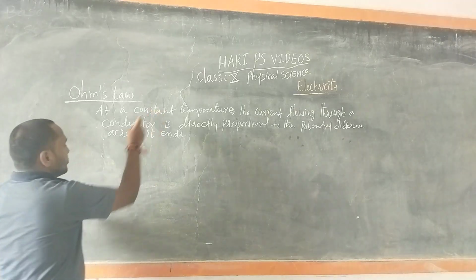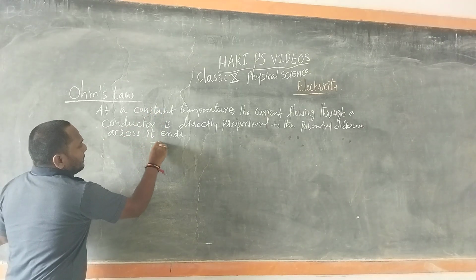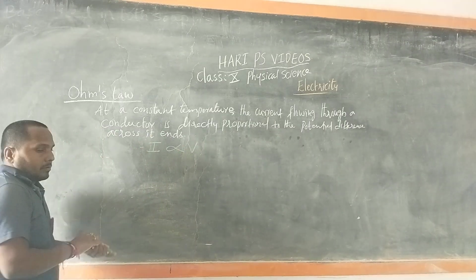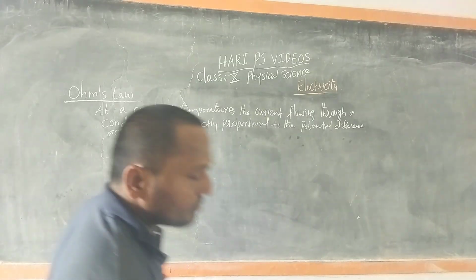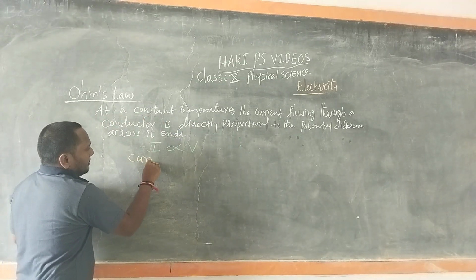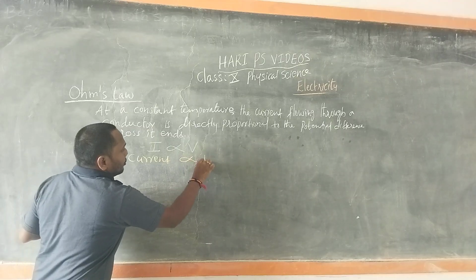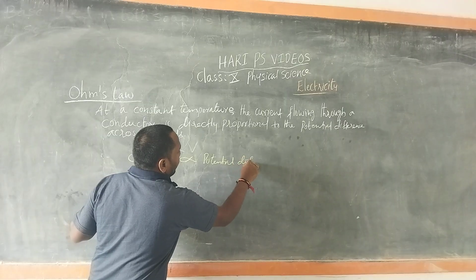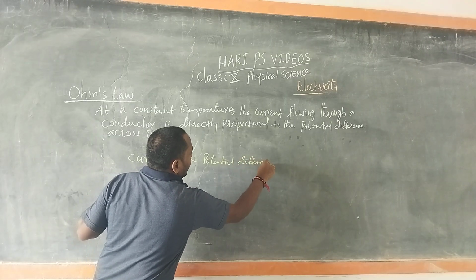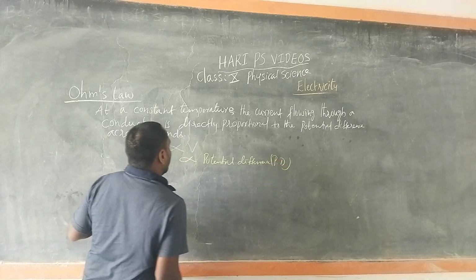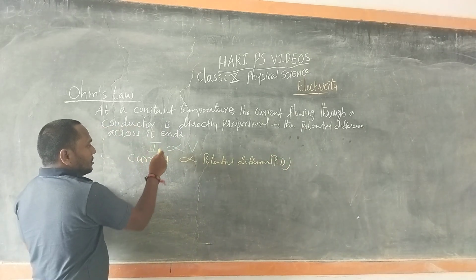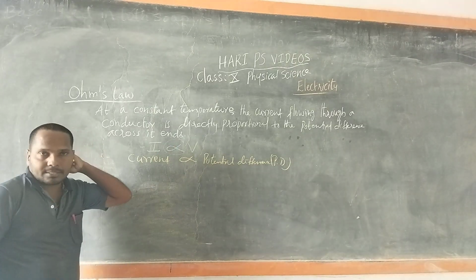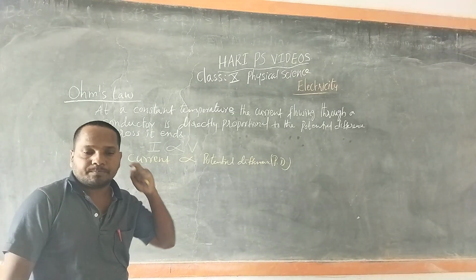So, according to Ohm's law, current is directly proportional to the voltage, or we can call it the potential difference V. To remove this proportionality symbol, we need to write a constant.